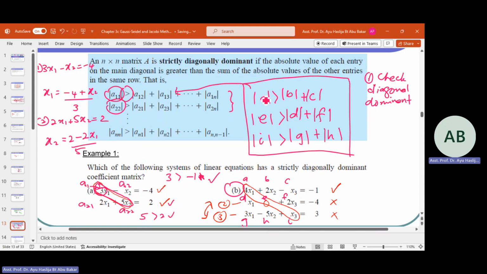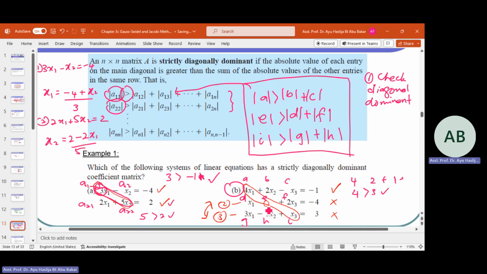Remember, the values here are in modulus, regardless of the negative signs. So A, the first equation, which is 4, should be larger than B plus C. B is 2 plus 1 equals 3. Now 4 is larger than 3. This is correct. It meets the rule.